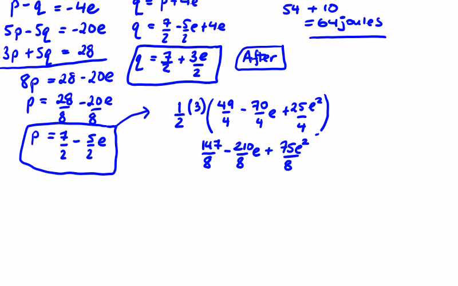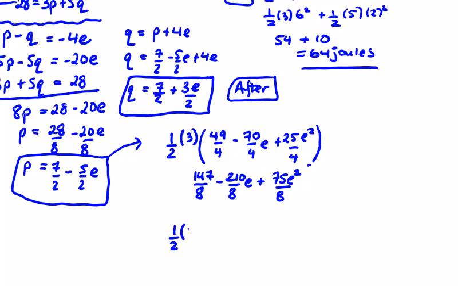Let's see what Q squared is. So we have a half times m, which was 5, times Q squared, which is going to be, okay, we have the 7 over 2, so it's going to be, again, 49 over 4. And it's 7 over 2 by 3 over 2. This time that's 21 over 4 twice. It's going to be 42 over 4.